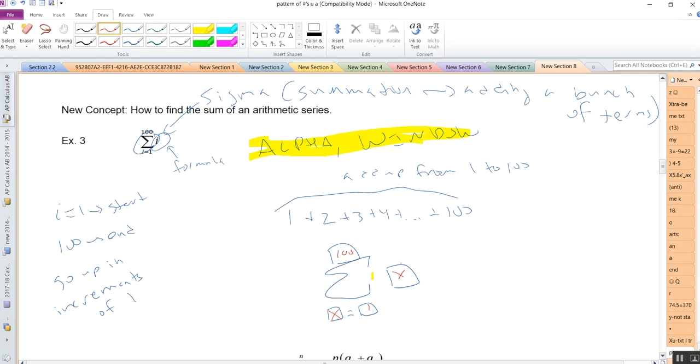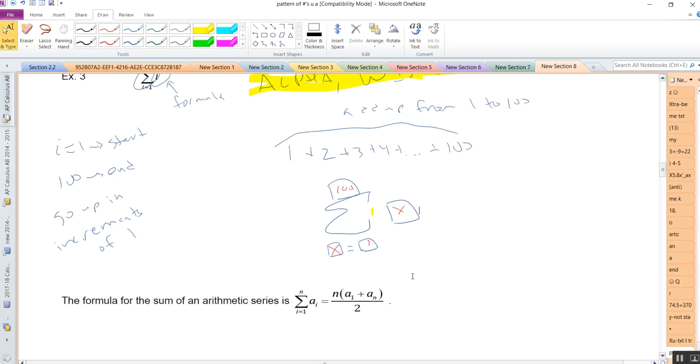But there is a formula that goes with it. And the formula is down below. And so a_i, again, is your formula. I equals 1 is where you start. And n, of course, is where you end. And because it's an arithmetic series, apparently the formula will look like this.